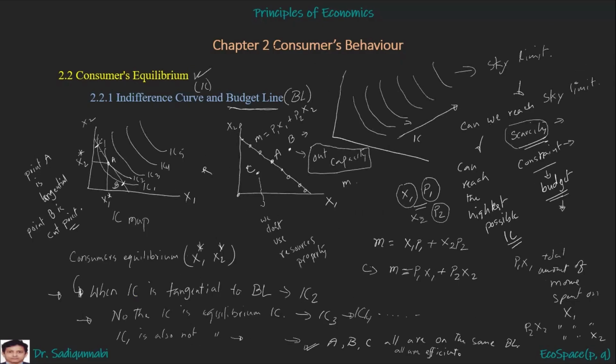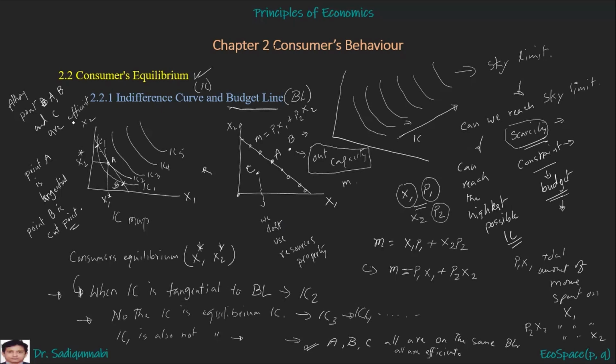So here you see that although point B and C are efficient, actually A, B, C are all efficient. Point A is on the higher IC.